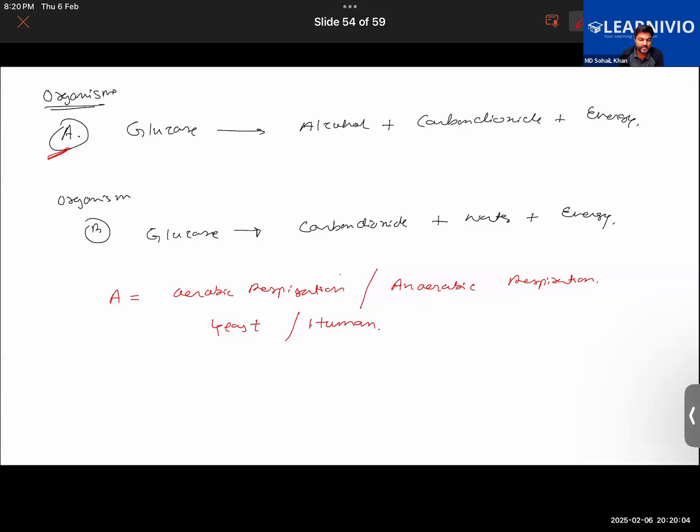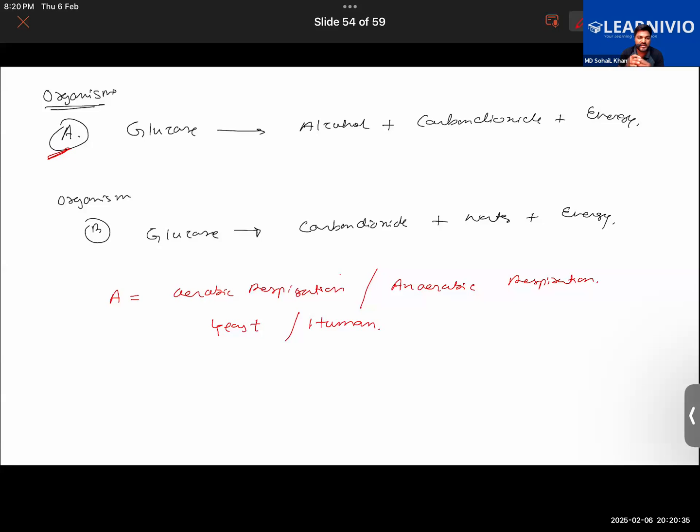Why haven't you done the reading of this chapter? What did we learn about yeast? Remember, we had learned about this organism, yeast, which is an example of anaerobic respiration. Yeast is not an example of aerobic respiration. It is an anaerobic organism.